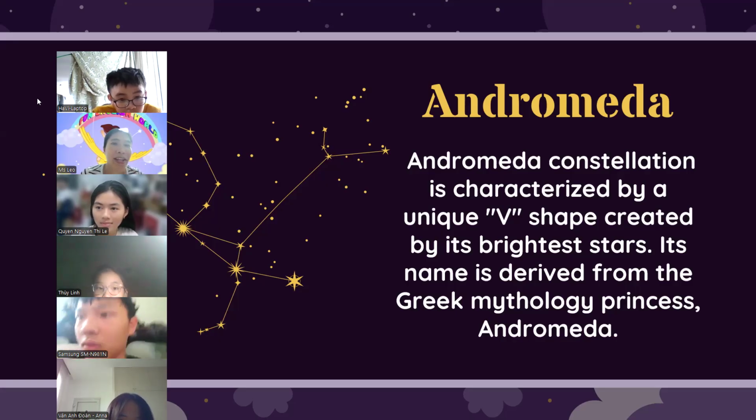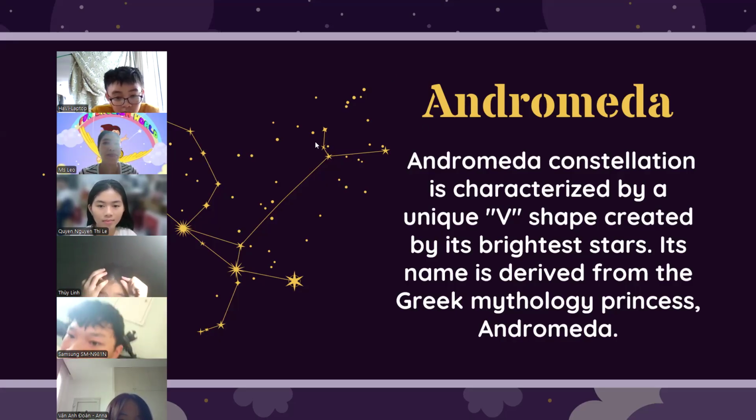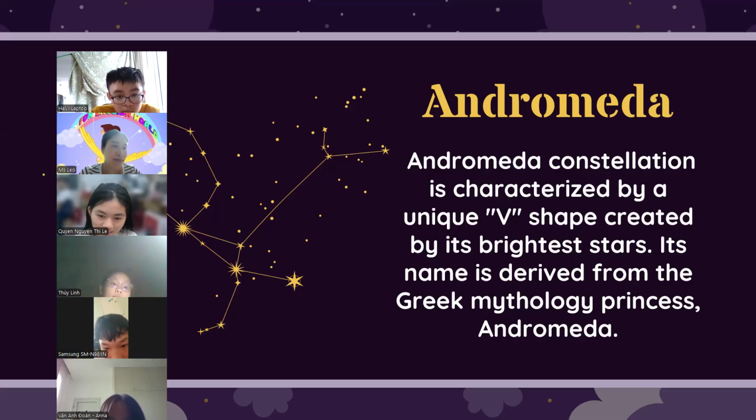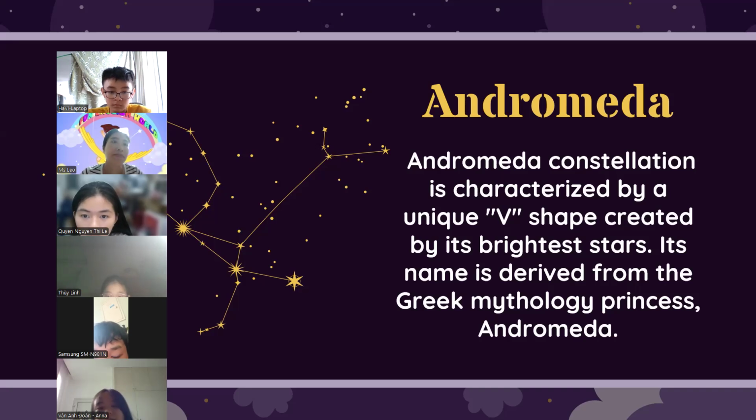Okay. Next one, Dean, could you read this one? It's a princess. The Andromeda constellation is characterized by a unique V shape created by its brightest stars.